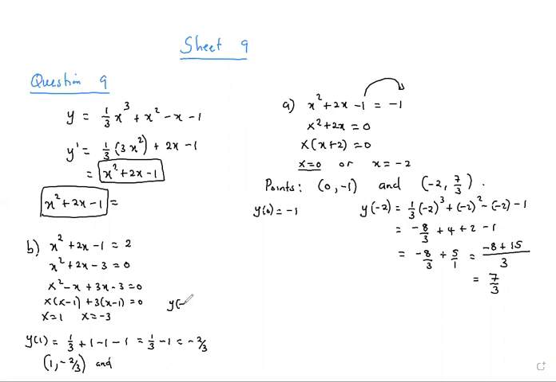So we have y of negative 3 is equal to negative 3 to the power 3 over 3 plus negative 3 squared minus negative 3 minus 1, which is equal to negative 9 plus 9 plus 3 minus 1. So that's 0 there. And then 3 minus 1, 2. So you get another point, negative 3 comma 2.